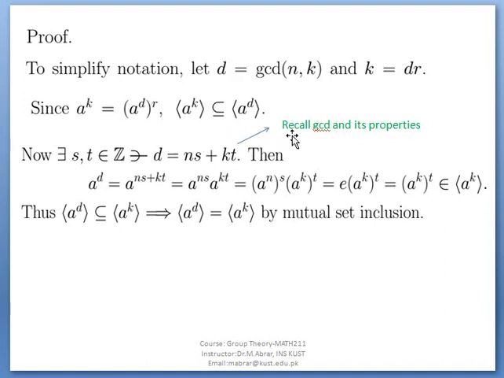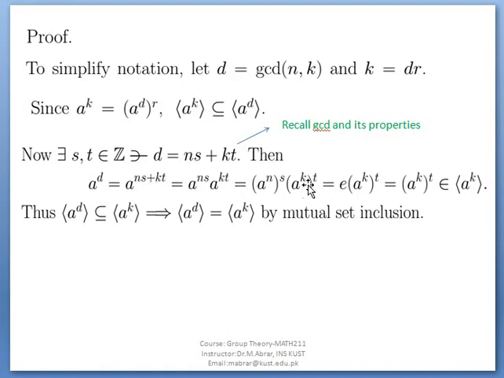So I suggest you should recall the greatest common divisor and its properties from the course on number theory. So this d can be written as ns plus kt. So I repeat, you should recall the properties of the greatest common divisor from the course on number theory. So A^d is now replaced by A^(ns+kt).